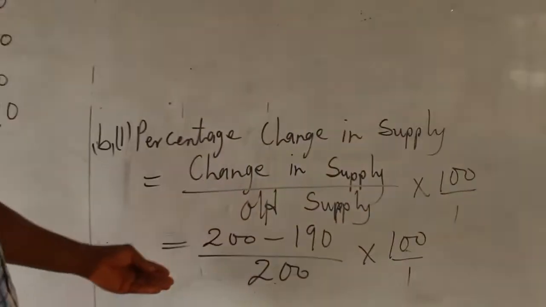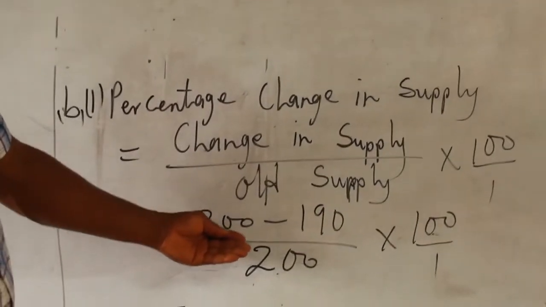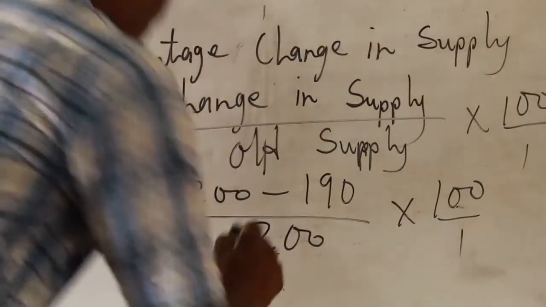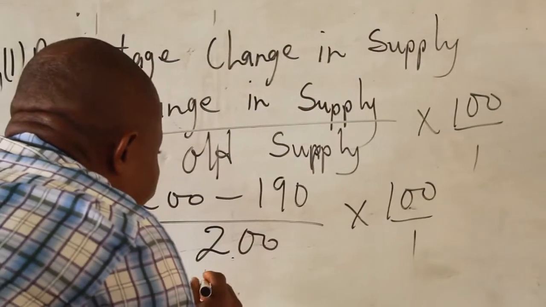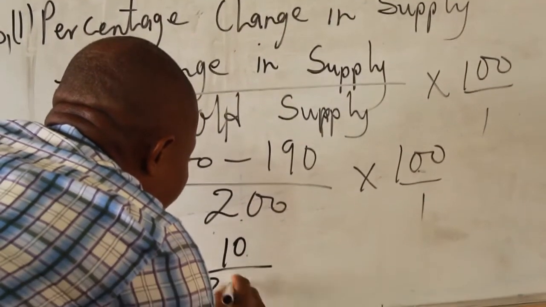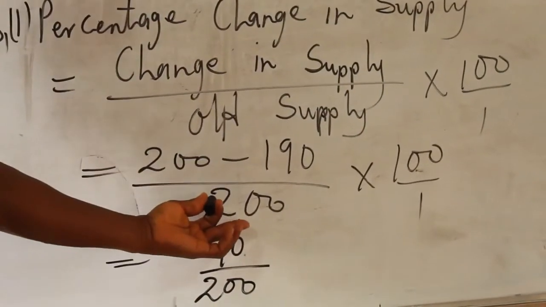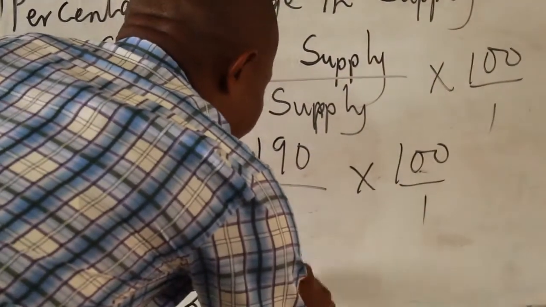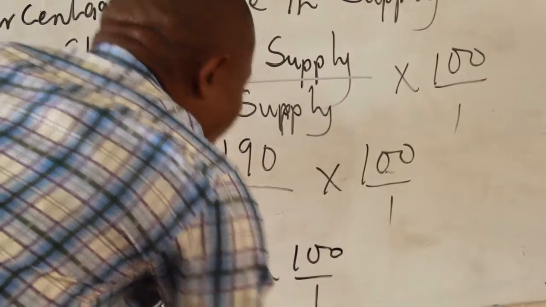Okay, the next step now is to subtract 190 from 200. Now 200 minus 190 will give us 10 over 200, which is our old supply, times 100 over 1.